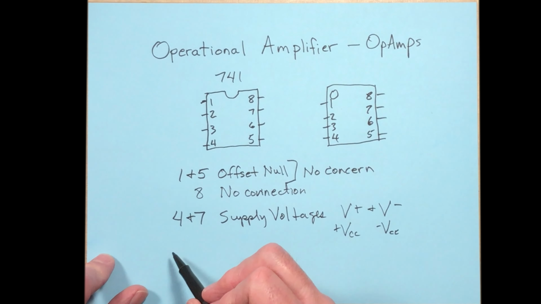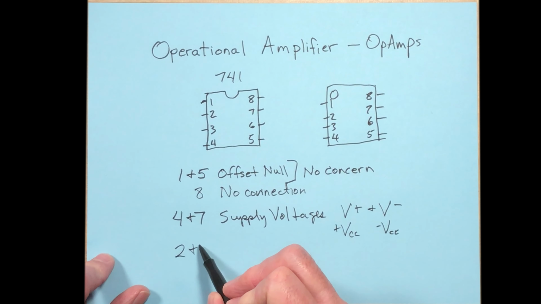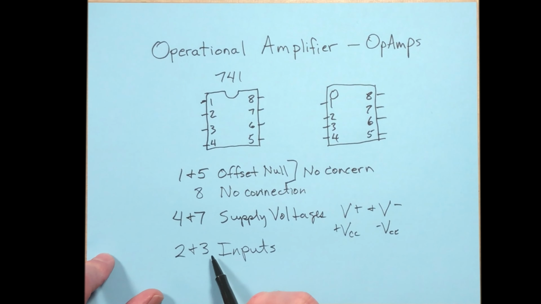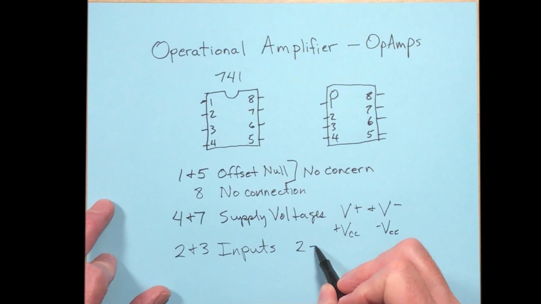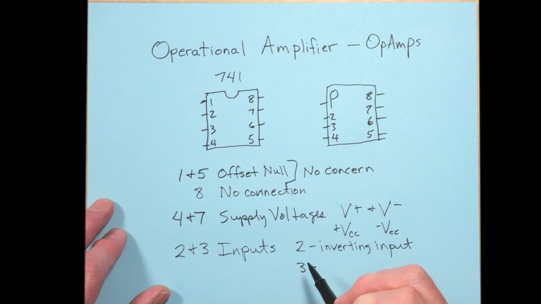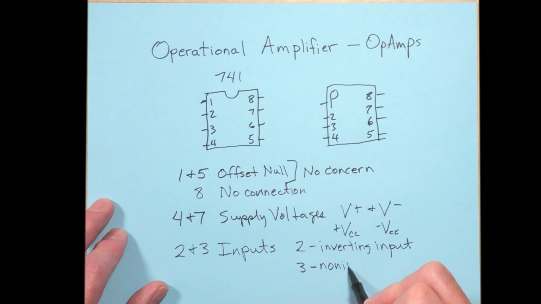Okay, pins 2 and 3, those are the inputs. So you have 2 input pins for an operational amplifier. Pin 2 is called the inverting input, while pin 3 is the non-inverting input.